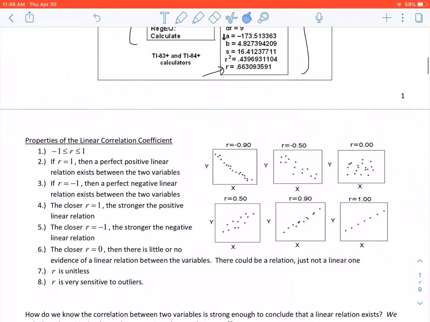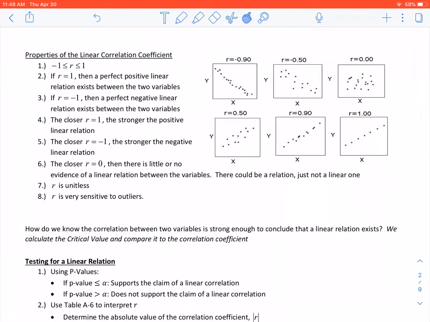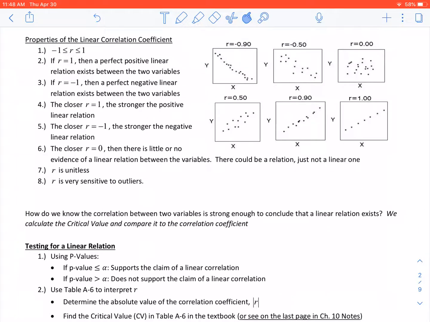So, properties of the linear correlation coefficient, there's some pictures to look at. A couple of things. r is going to be between 1 and -1. If r is equal to 1, then a perfectly positive linear relation exists between the variables. We have a picture of that over here, the last graph.